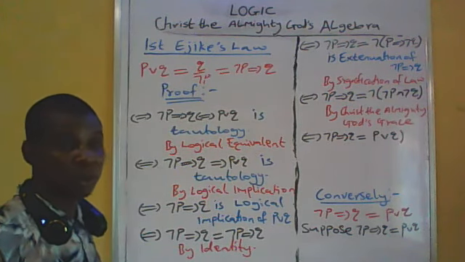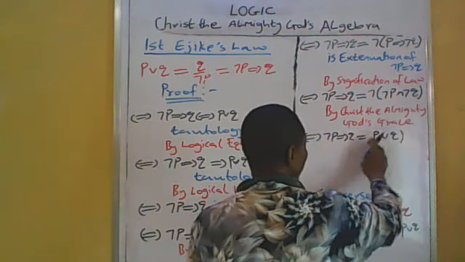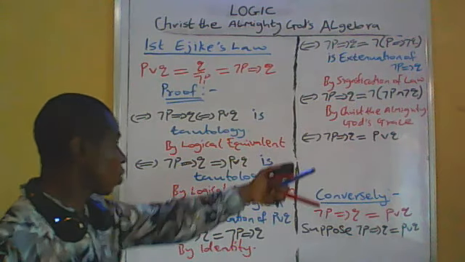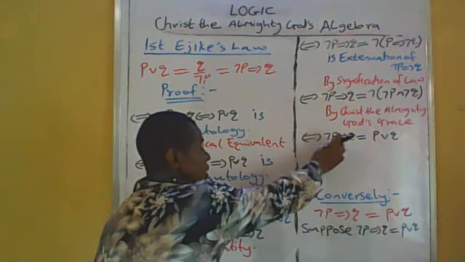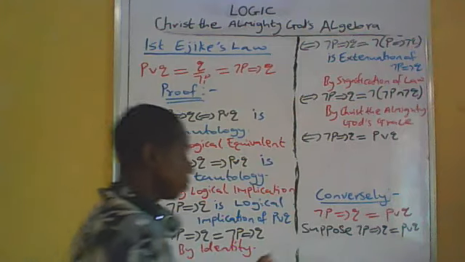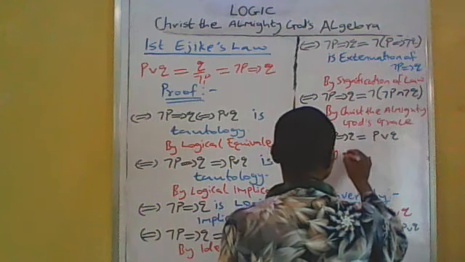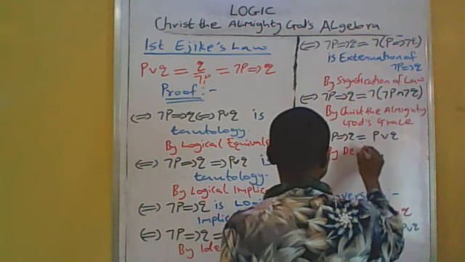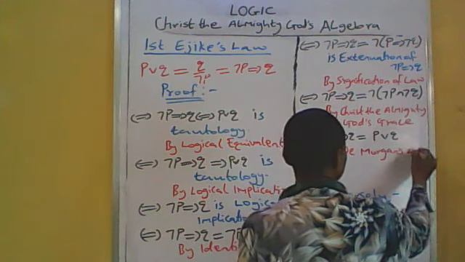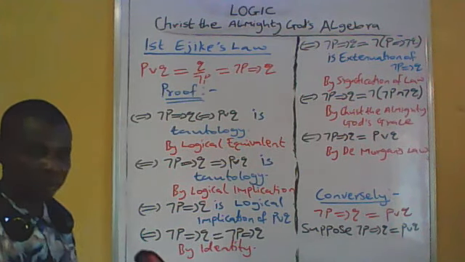So by De Morgan's law, not bracket, not P and not Q is equal to P or Q, and is equal to the left side of the equation. So we justify by De Morgan's law.